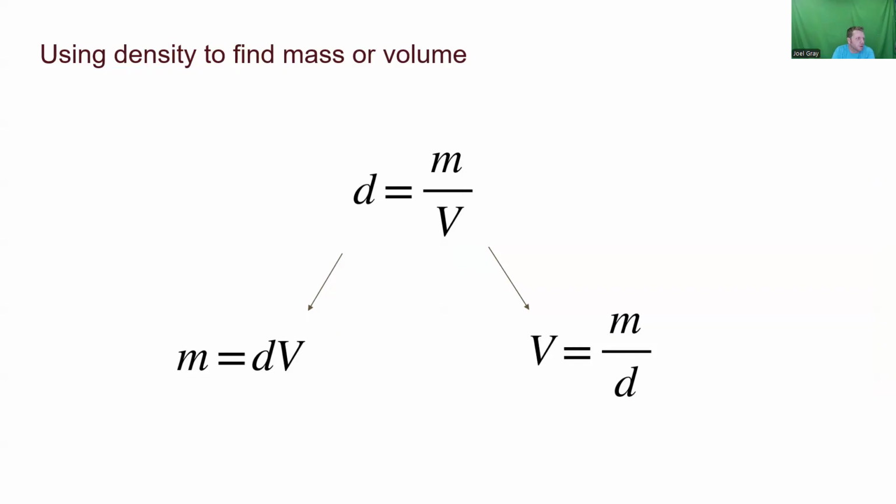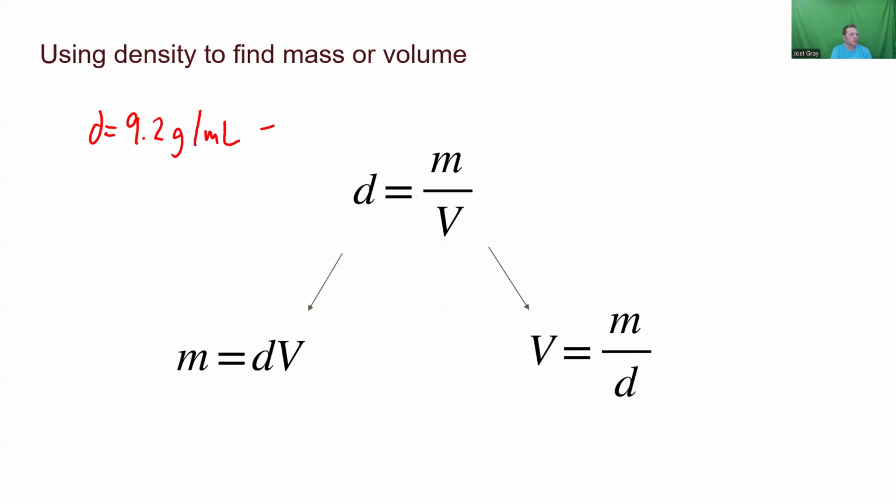Let's say hypothetically, we had an object that had a density of 9.2 grams per milliliter. What you can say about that object is that 1 milliliter of it, so 1 cubic centimeter, is going to have a mass of 9.2 grams.